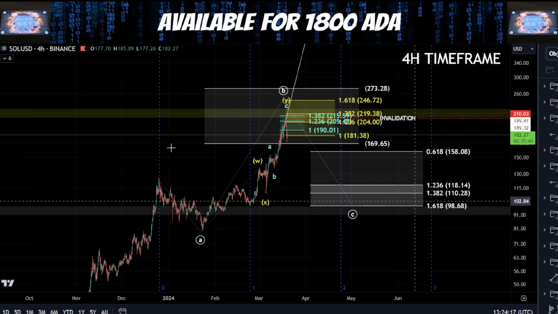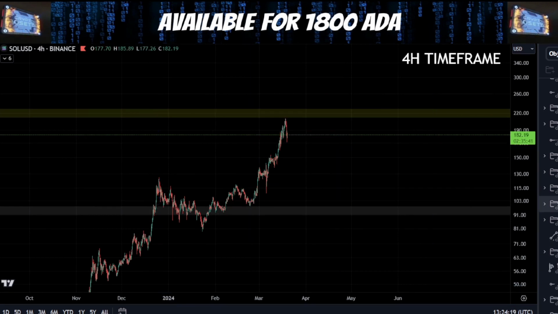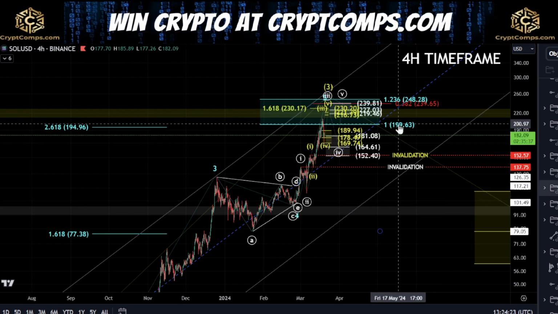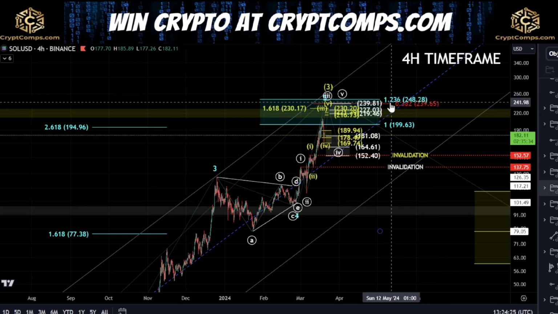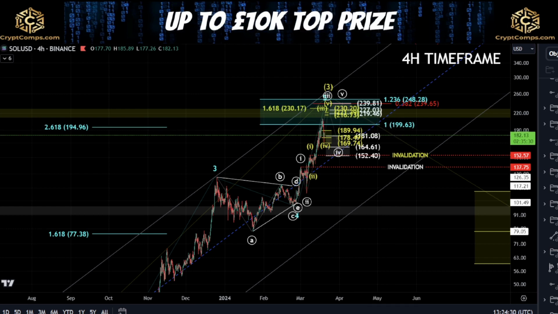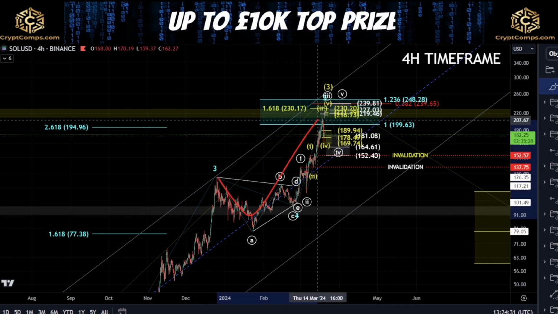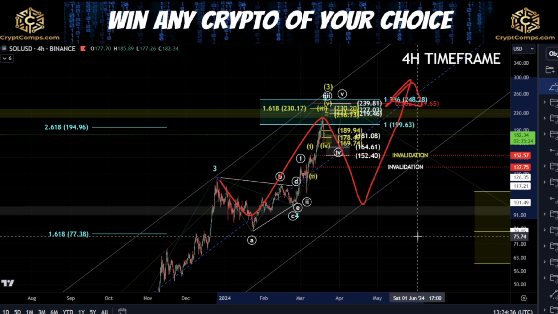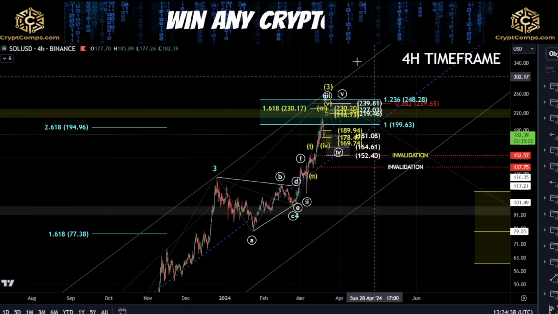And that would then mean that our 3rd wave's completed here, and our 5th wave target would still be potentially higher up here, where we could see price look to push back up into this region of this 248 to this 191. If we do have a flat correction here, this move could be quite violent. So we'd have to watch the internals for a better idea of targets for that.